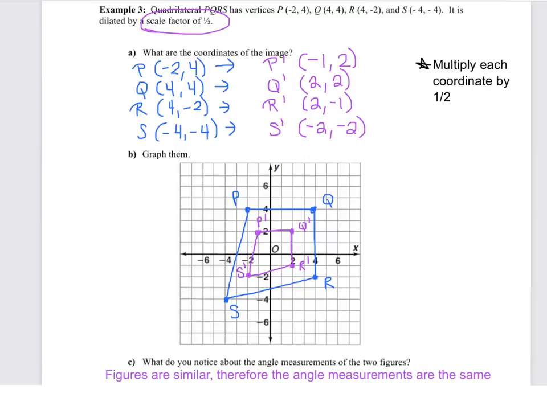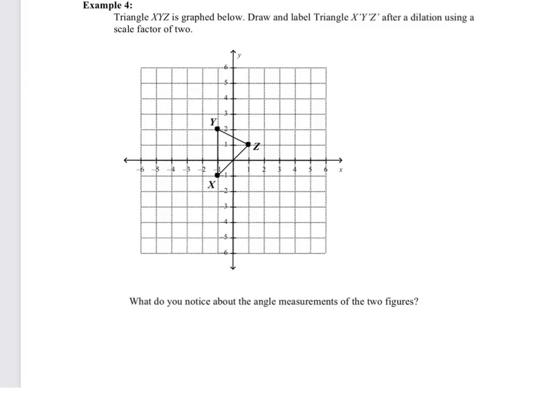Let's do another example together of a dilation. So example 4, triangle XYZ is graphed below. Draw and label triangle X prime, Y prime, and Z prime after a dilation using a scale factor of 2.